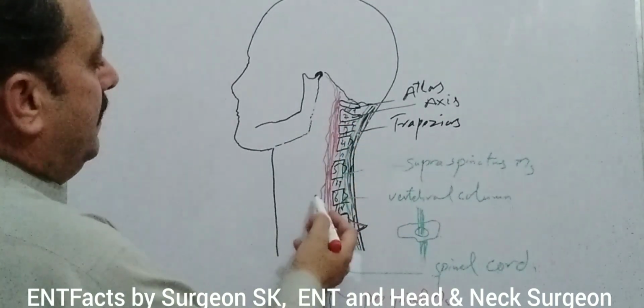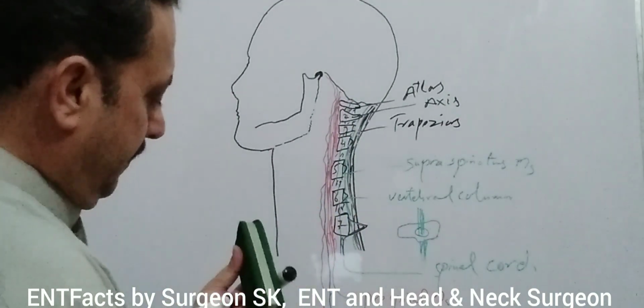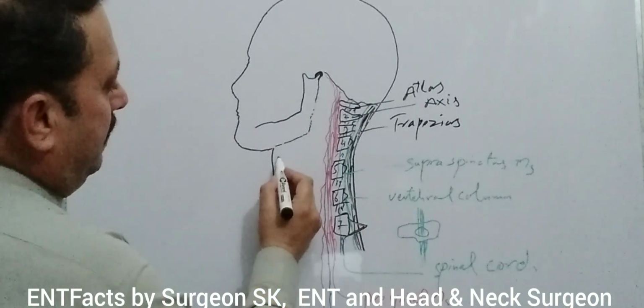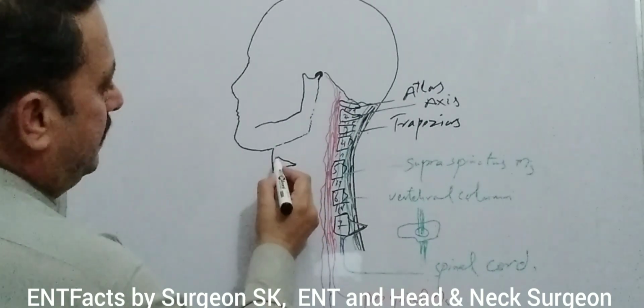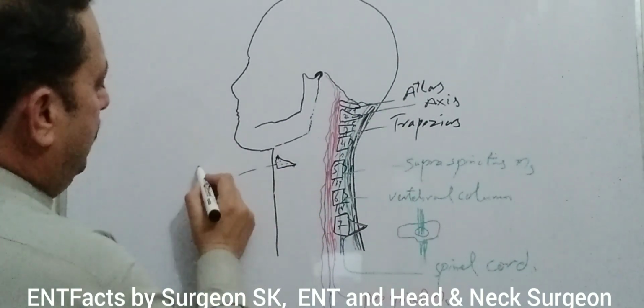Now, at this level, if I draw it here, the same hyoid bone will be seen from the side. It's a longer cornu, this is the lesser cornu, hyoid bone.